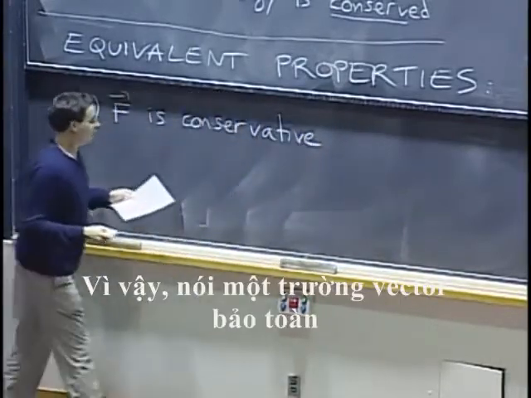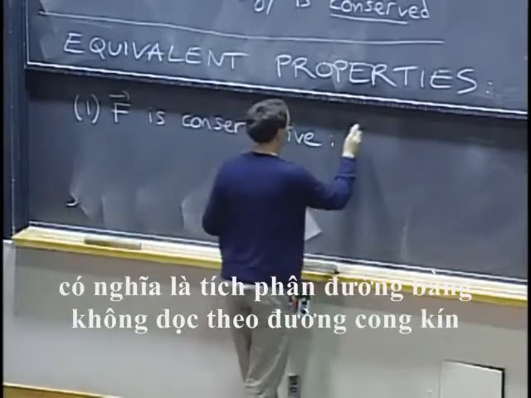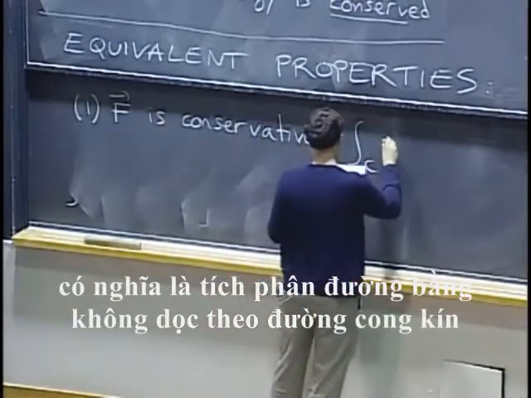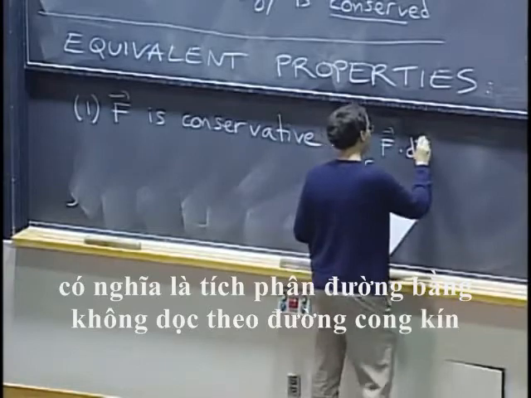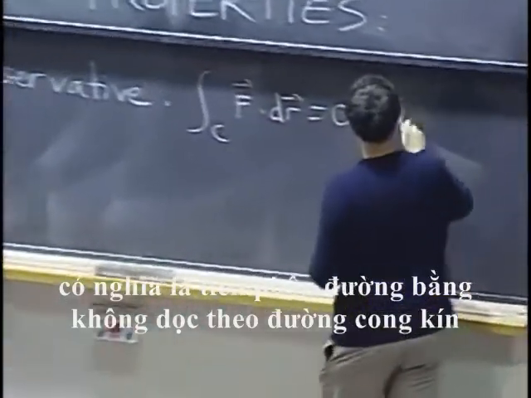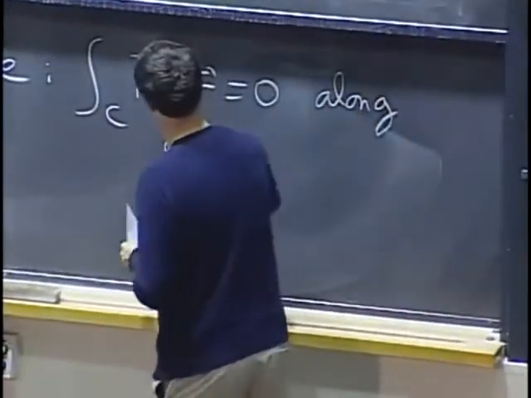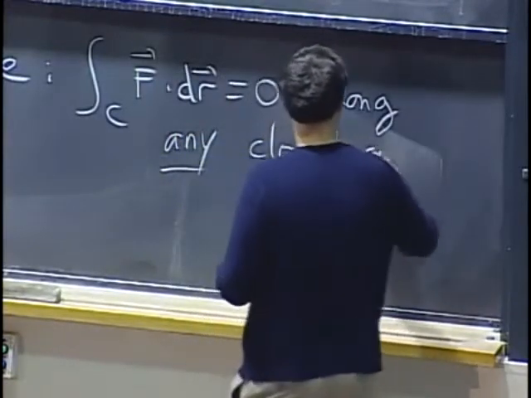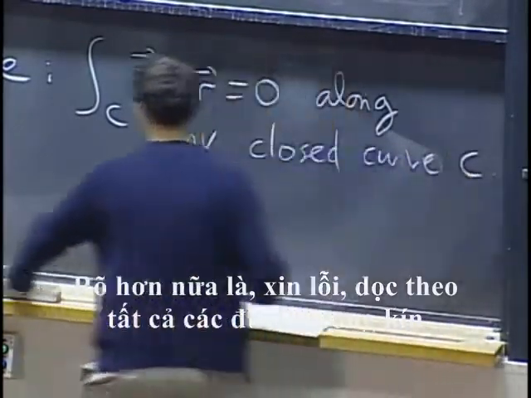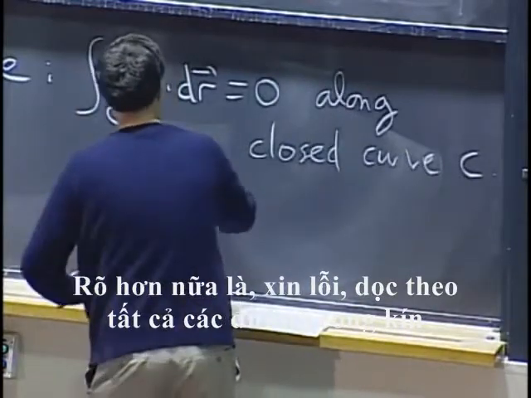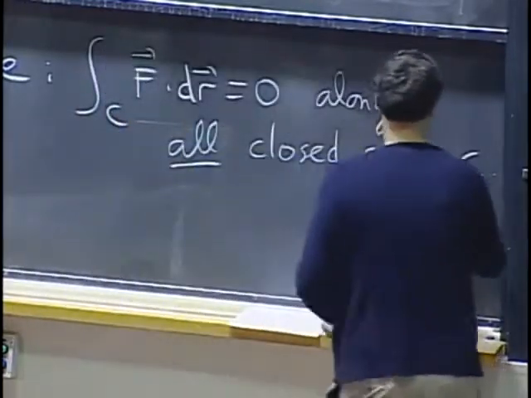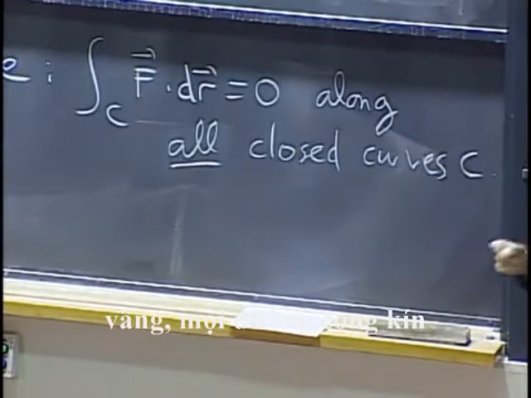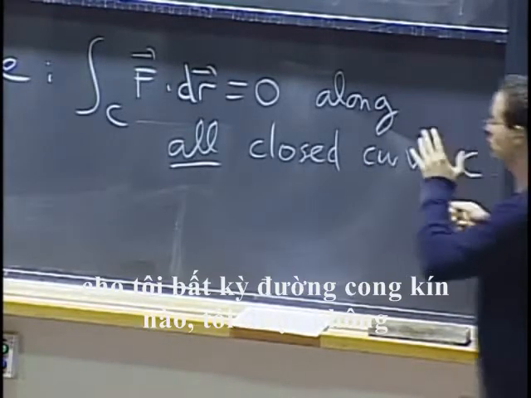So to say that a vector field is conservative means that the line integral is 0 along any closed curve C. Maybe to clarify, sorry, along all closed curves. Okay? Every closed curve that you give me, any closed curve, I get 0.